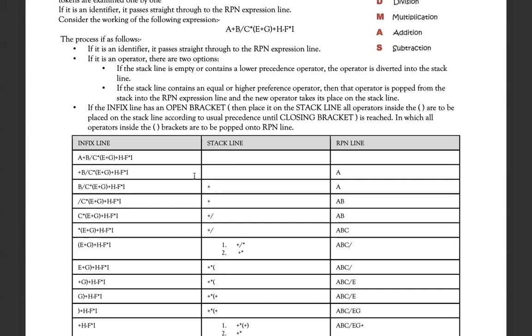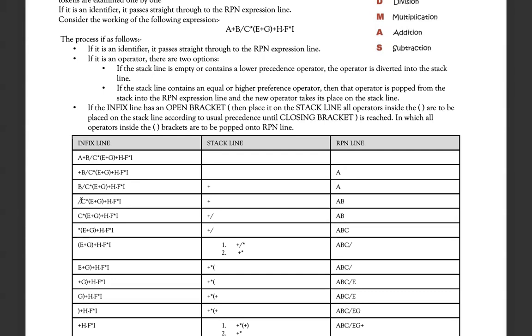Since my stack is empty right now, I will simply place this plus in my stack like so. So it has left my infix line and ended up over here. The next thing we see is B. Since B is an operand, it will simply come into my RPN line.